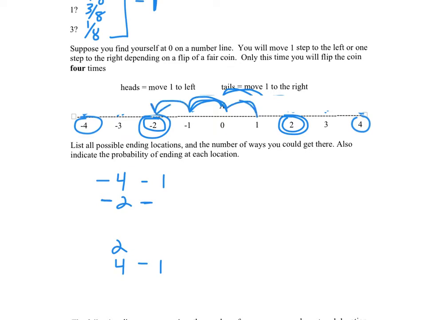Or a tails, heads, tails, tails. So let's see, any other ways? We've got 3 ways to get to 2 and -2 thus far. Let's try tails, tails, tails, heads. Or heads, heads, heads, tails.